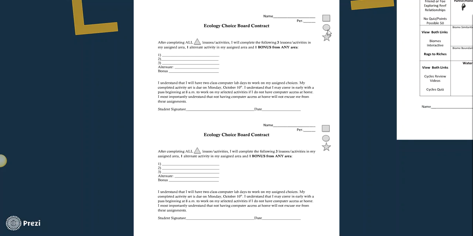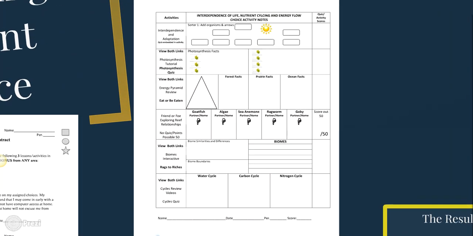And then my circle students, they may have a 3 in that area. And then my square students who are performing on level, they may have had a 2 there or a 3 there, just depending on what I thought they were ready for based on their quiz. So the contract really helps lay out the plan for how they make their choices.